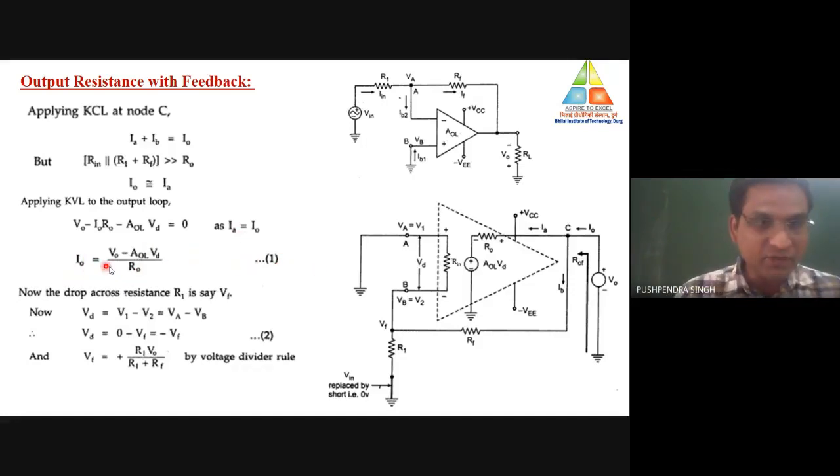Now in equation number 1, we want the value of V0, and also the values of AOL and R0, but this VD is an internal parameter or internal voltage. So now we need to replace VD in a form suitable for the calculation of output resistance, using parameters whose values can be known by anyone.